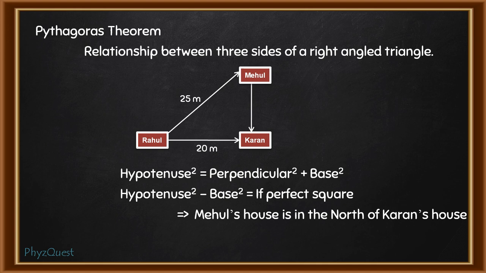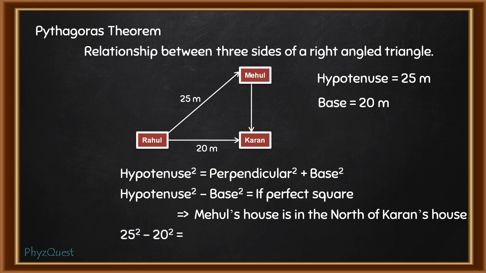Okay, so now here hypotenuse is equal to 25 meter and base is 20 meter. So let's put the values in this formula. Hypotenuse square minus base square, that is 25 square minus 20 square. So 25 square is 625 and 20 square is 400, which gives 225.